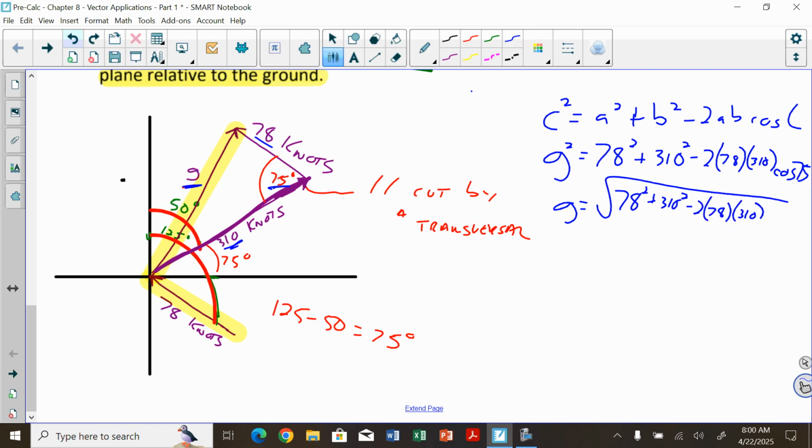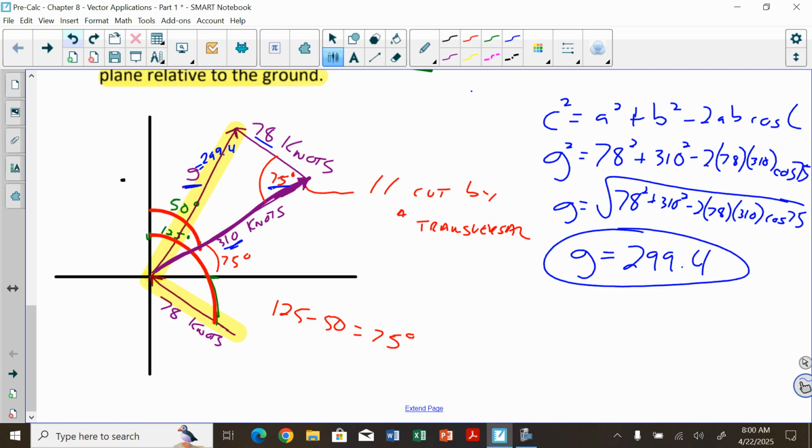Just be careful with how you're punching it in, and then I'll end up getting G equal to about 299.4. So that tells me the speed of this aircraft is 299.4. Okay, so that's the first part. That gave us the speed of that resultant vector.